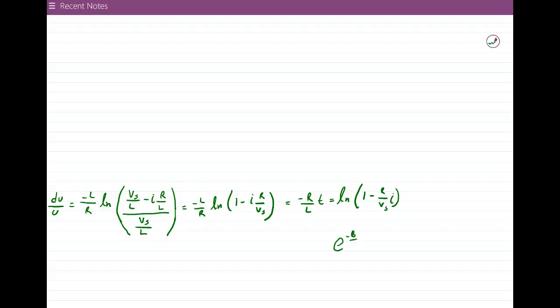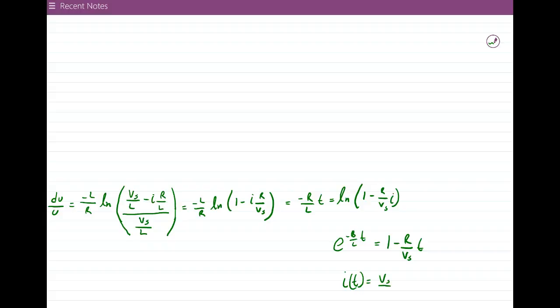I is Vs over R times 1 minus e raised to negative R over L t. And that should be the current.